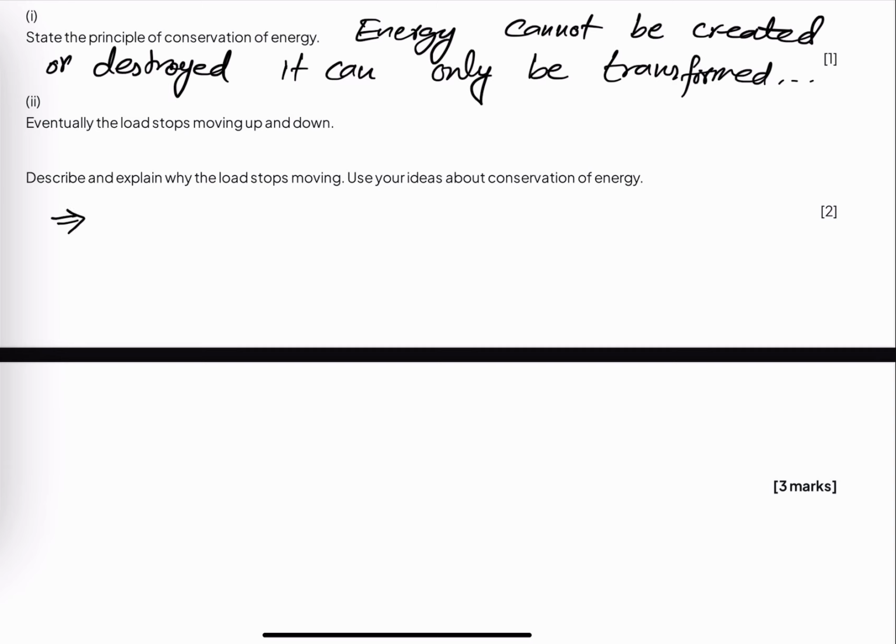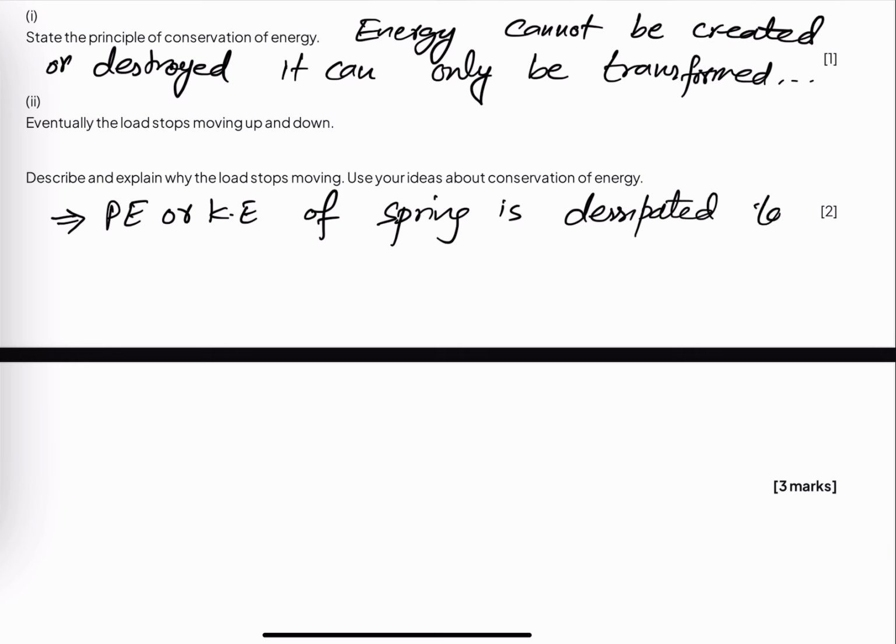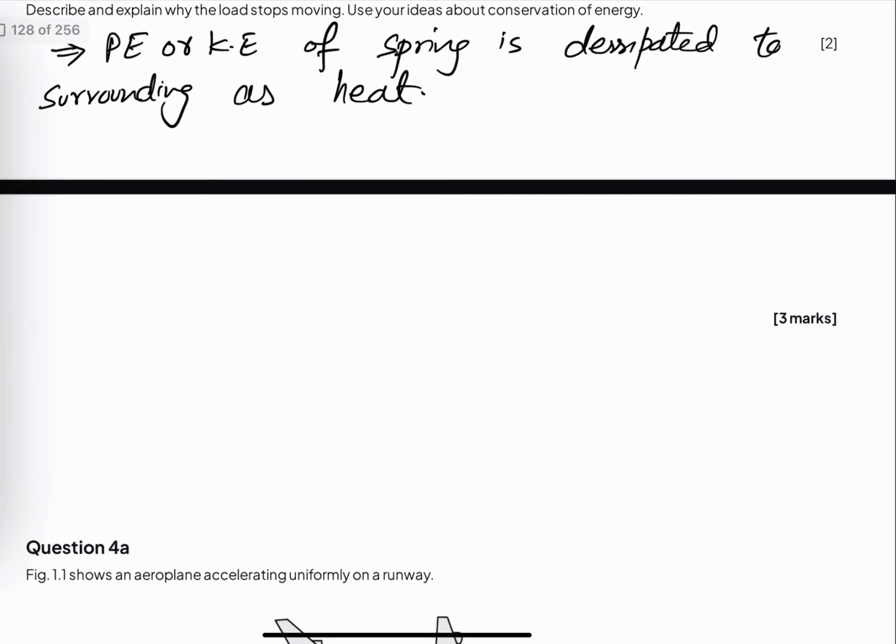So we can say that the potential energy or kinetic energy of the spring is dissipated to the surroundings as heat. That is why it will stop moving.